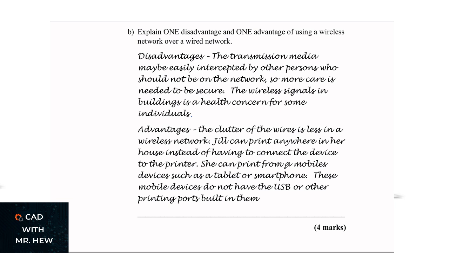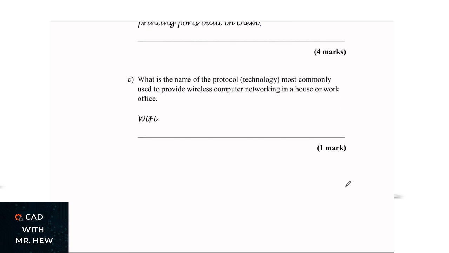She can print from mobile devices such as a tablet or a smartphone. These mobile devices do not have USB or other printing ports on them, so the wireless network allows her to print from her tablet or smartphone. And this question is worth 4 marks.